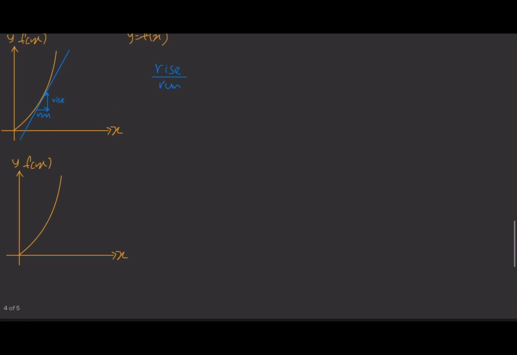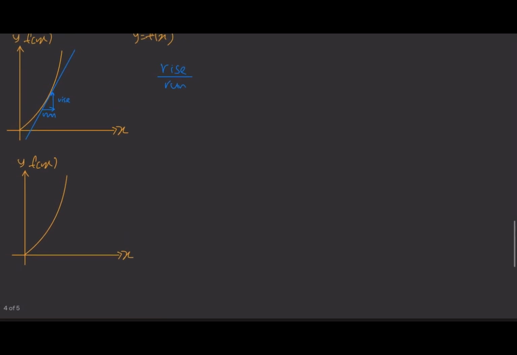Let's say you wanted to take this point, which is 1, and this point, which is 2, on the x-axis, and here is 2 on the y-axis, and 4 on the y-axis.